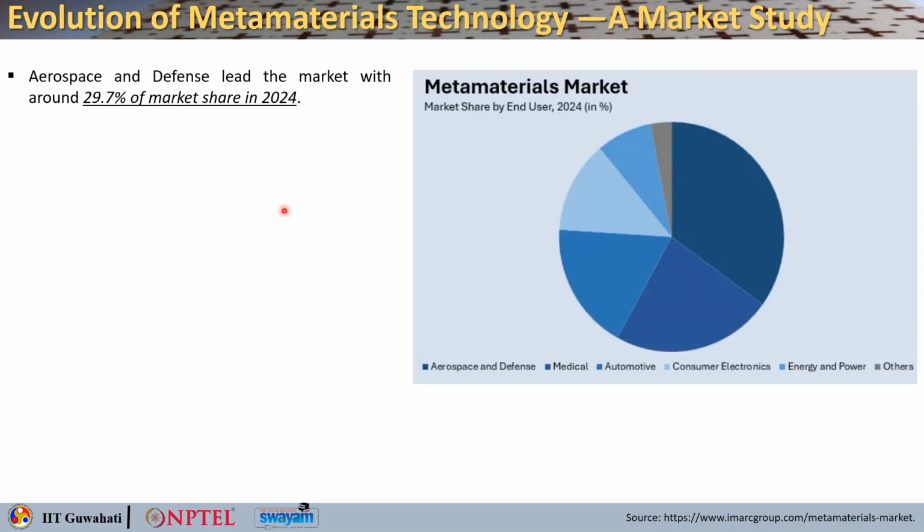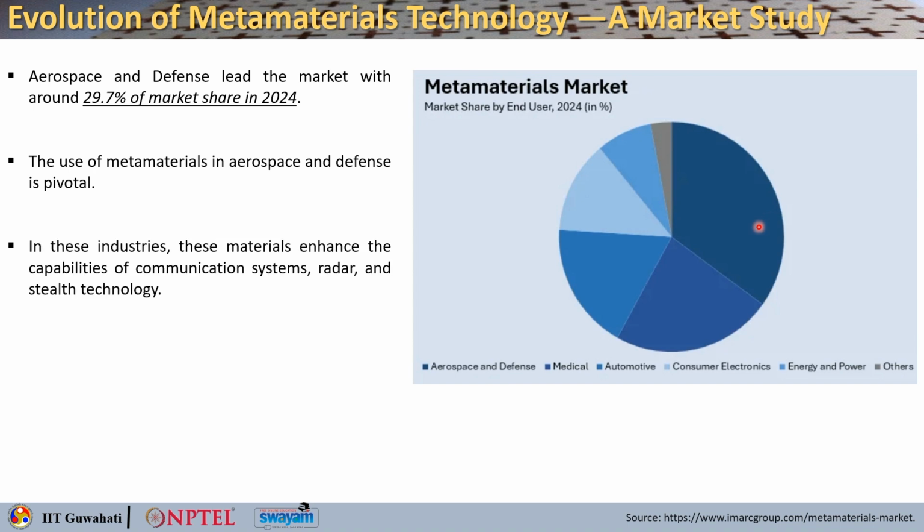Now, aerospace and defense lead the market with almost 30% of the market share in 2024, as you can see from here. Next come the medical, automotive, consumer electronics, energy and power, and different other applications. The use of metamaterials in the aerospace and defense sector is pivotal.